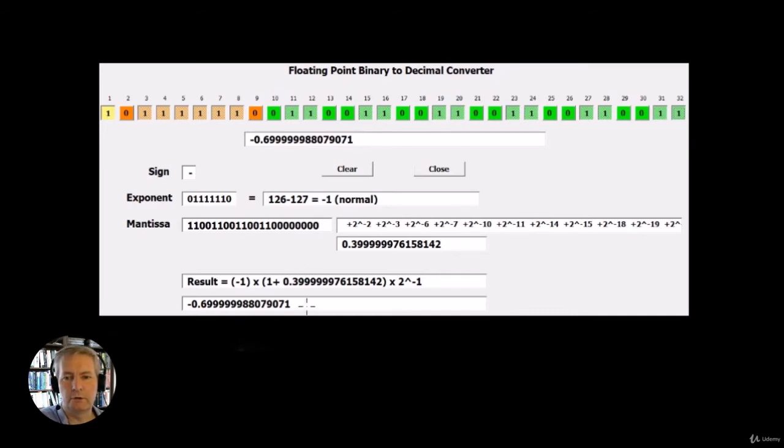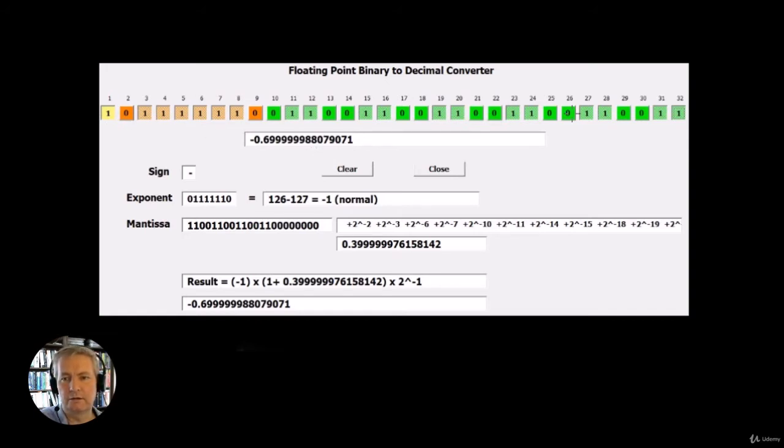The first number that we're going to multiply is minus 0.7. This is minus 0.7 here, and it's written in our 32-bit floating point binary as this number here. You can see that the 32-bit floating point binary number gives us an approximation to minus 0.7. We don't get exactly minus 0.7.